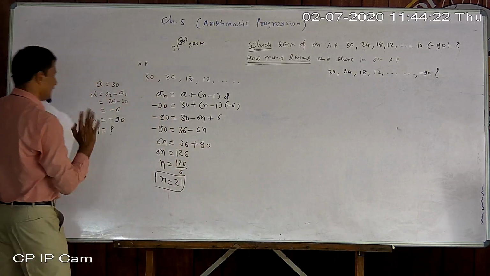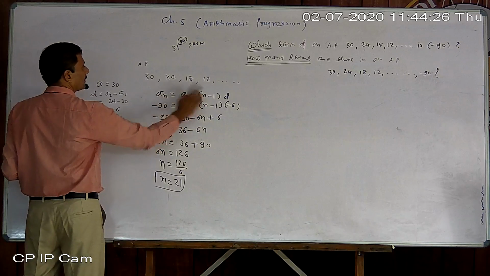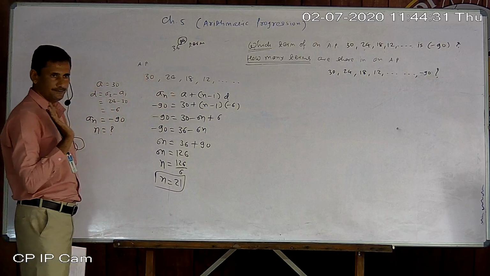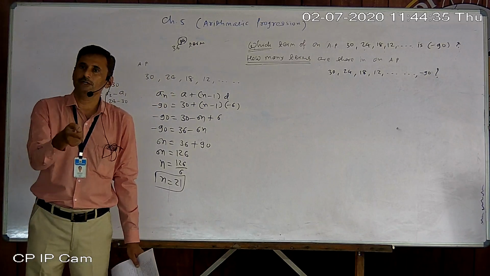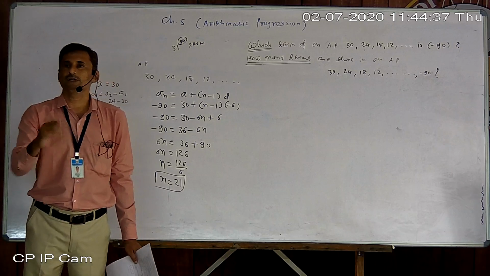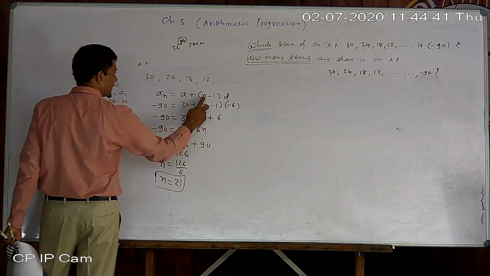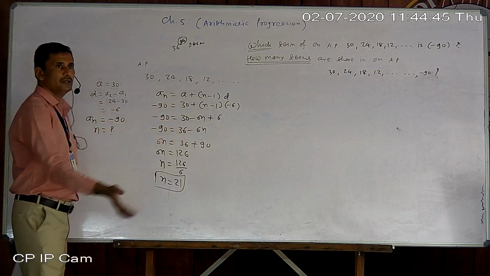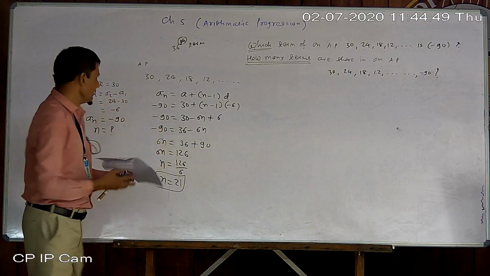For the time being, you just understand, we can find either AN or N. A and D are always given whenever AP is given. Whenever you are given AP, means you are given A as well as D. And then extra, if N is given, then you can find AN. If AN is given, you can find N. Okay, so that is very simple.